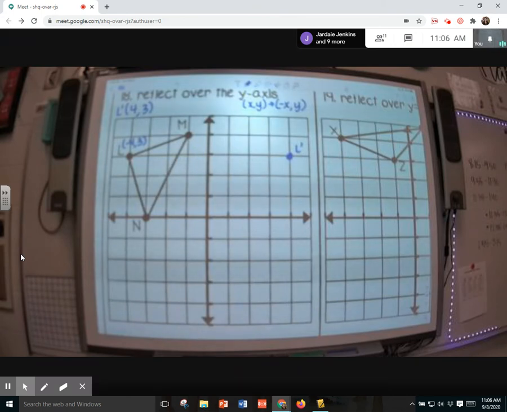So M starts at -1, 4. Change the sign of the x to get M prime. It'll be at +1, 4. And it's 1 to the right, because M is 1 to the left, M prime is 1 to the right. And then N starts at -3, 0. Change the sign, so N prime is going to be at positive 3, 0.